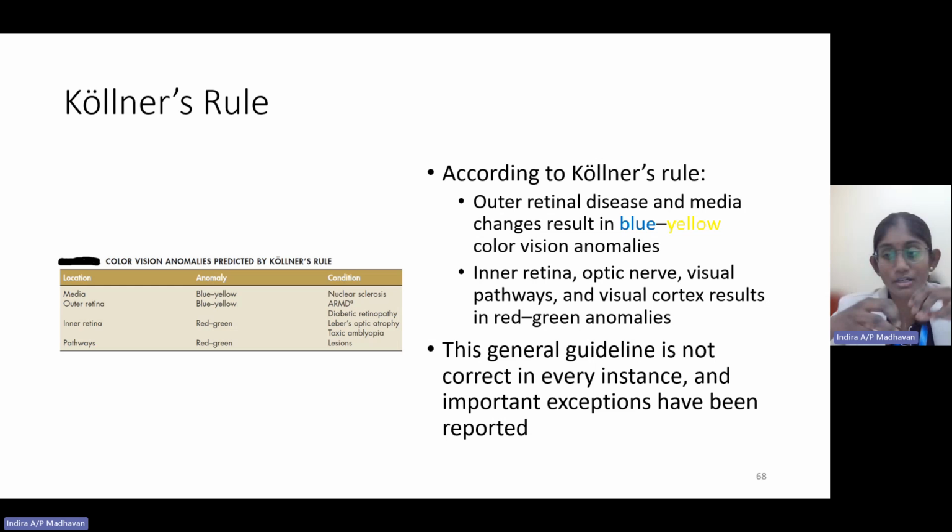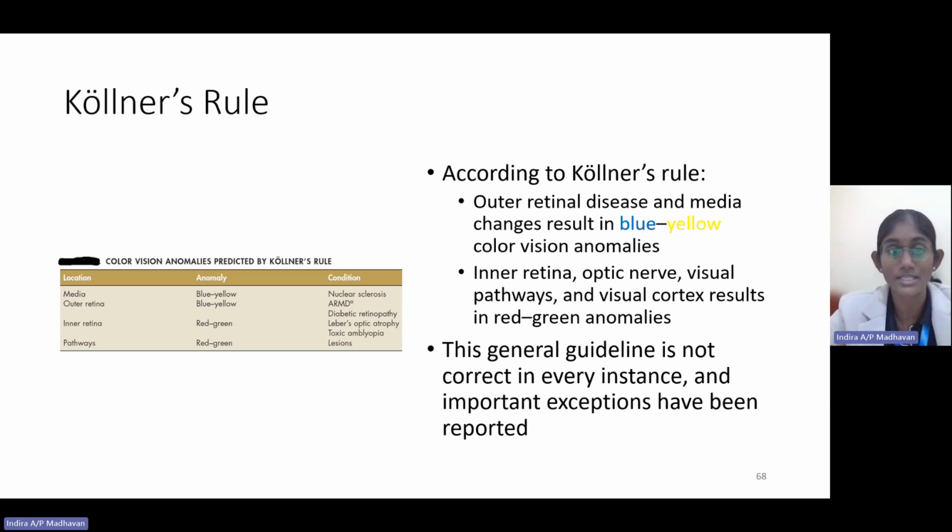After he analyzed the data, he found that patients having media-related problems like nuclear sclerosis, cataract, and so on are prone to have blue-yellow defects.